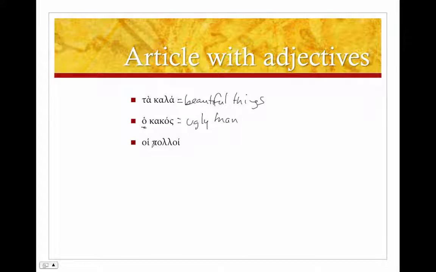Or hoi polloi, this actually is a substantive use of the article with an adjective that has come into English. The masses, the many. So there we have our adjective. The article is going to tell us the gender, the number, and the case of that noun. So we can use our article with an adjective.